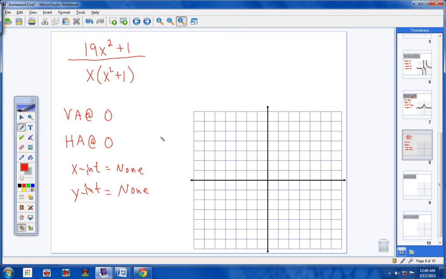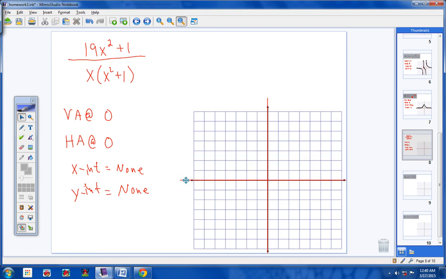Which does make sense, students, because we're supposed to have a vertical asymptote at 0. Okay, vertical asymptote at 0, and a horizontal asymptote at 0. So let's slide this over. There's one of my asymptotes. Here's my other asymptote right here.